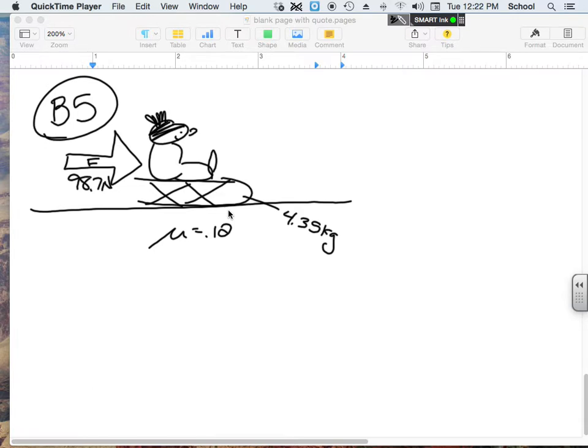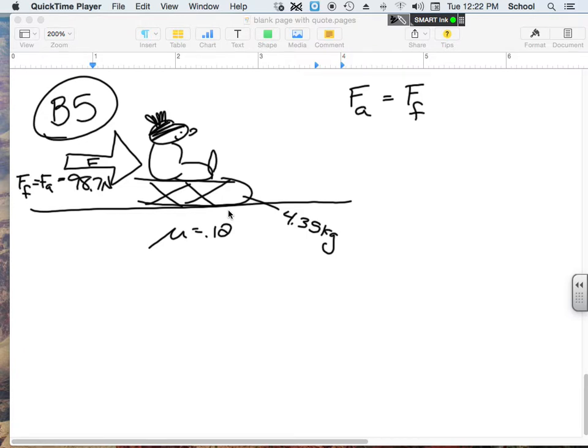Okay, so since it's being pushed across the field at a constant speed, we know that the applied force and the friction force must be balanced. So this is not just my FA, it's also my FF.